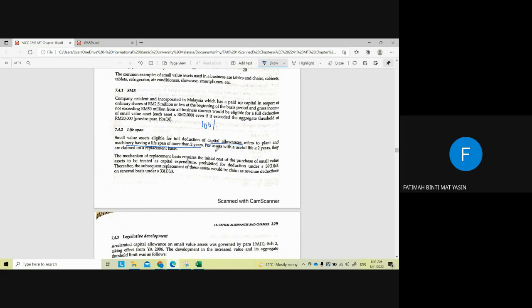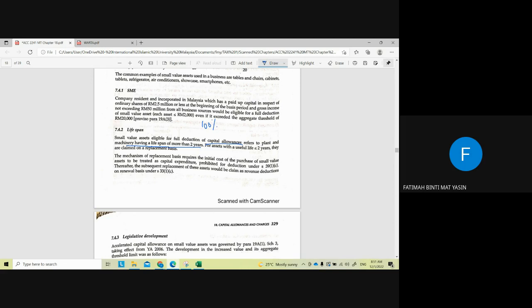But if the company cannot use that asset for more than 2 years, meaning it needs to replace the asset every 2 years or less, then the company cannot claim capital allowance, but it can claim revenue expenditure.